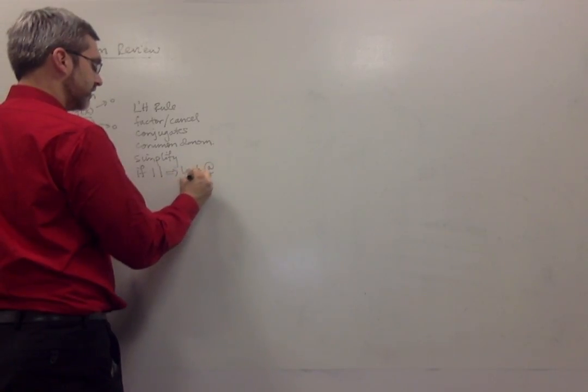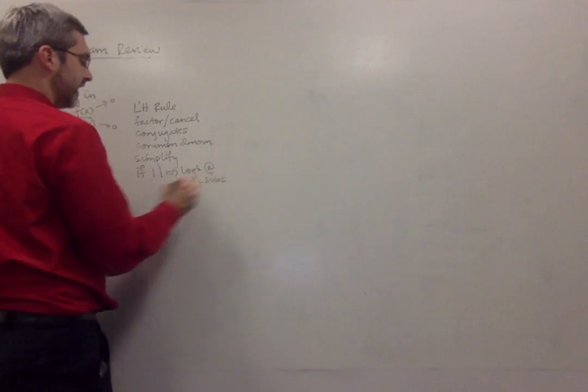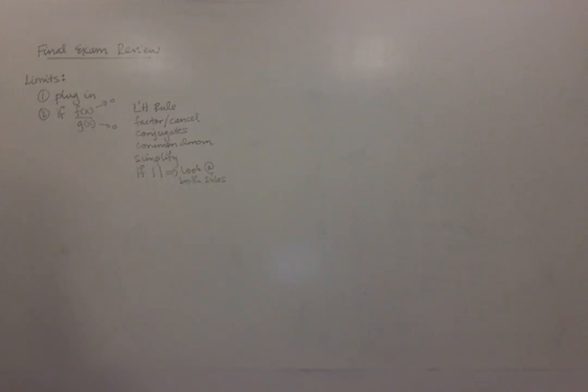You look at the fraction coming from either side. I think that's all that we had for 0 over 0, all right? That's one of our indeterminate forms.